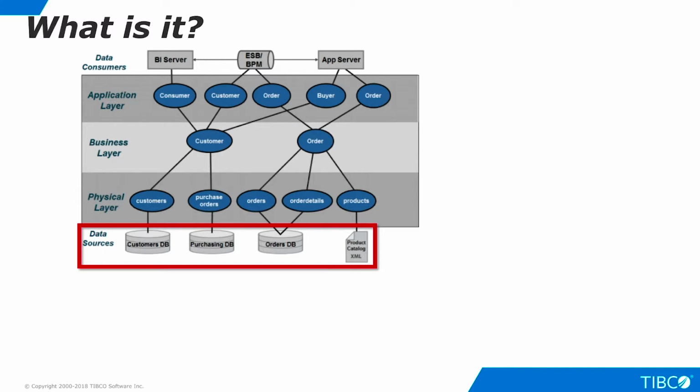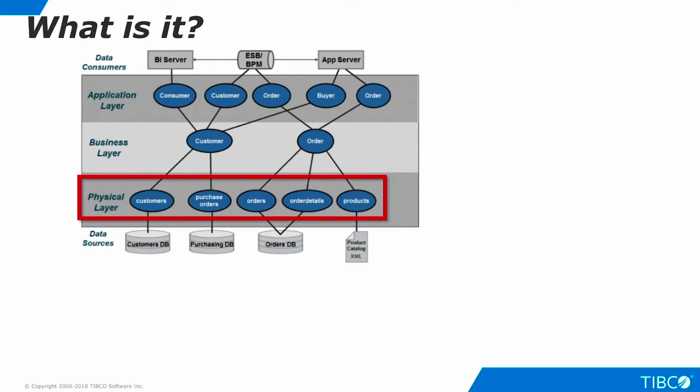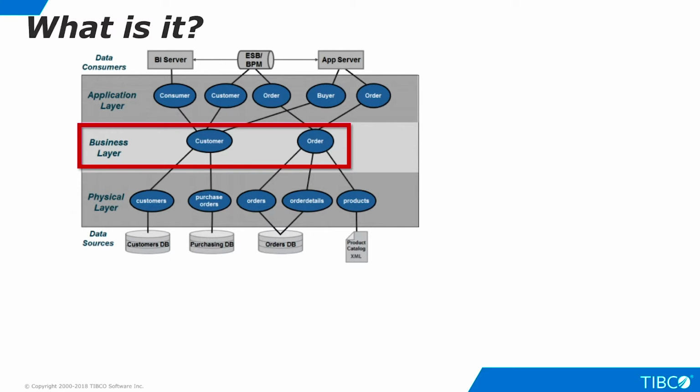TDV enables developers to use as many or as few layers as they want, but three main layers are recommended. We call the lowest layer the physical layer. Of course, it actually consists of virtual resources, but at this layer we abstract away the physical characteristics of the data on individual data sources. At this layer, we generally build virtual views that are almost identical to the underlying physical data structures.